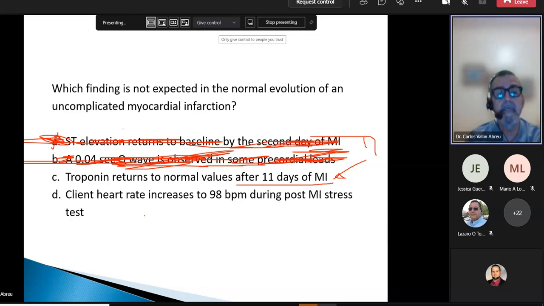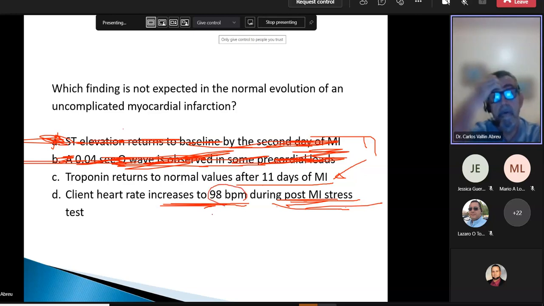Heart rate increases to 98. 98 is a normal heart rate during a stress test after myocardial infarction. Yes, after the myocardial infarction, when the patient is already recovered, doctors do a mini stress test to see how the person performed during exercise, how the heart was left after the myocardial infarction and all the interventions they did. And having this heart rate is okay. So obviously it is not this one.